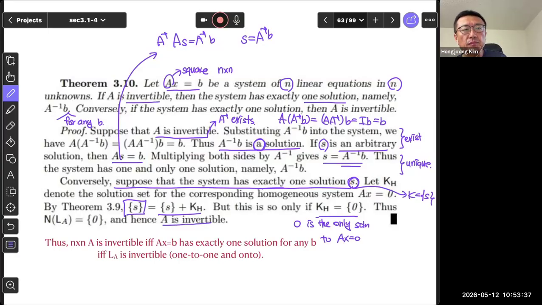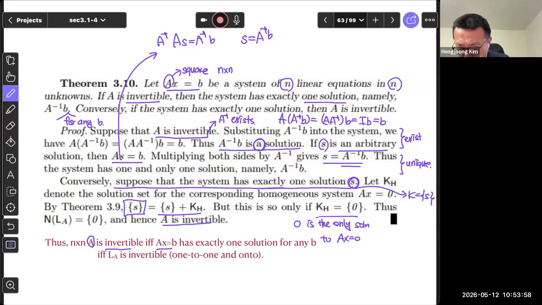So any n by n matrix will be invertible if and only if AX equals B has exactly one solution for any B. So that was the claim in theorem 3.10.